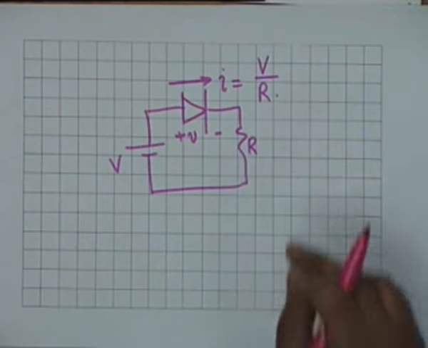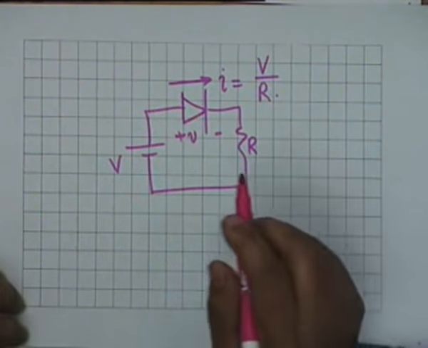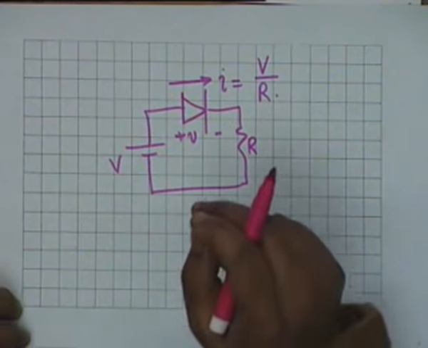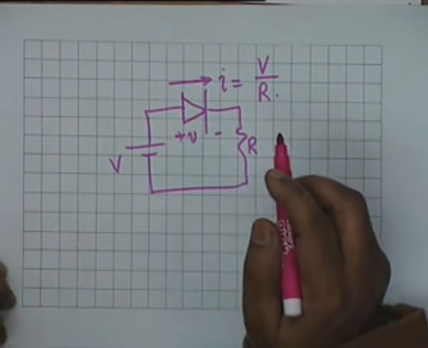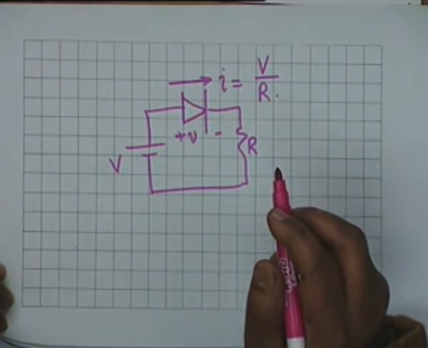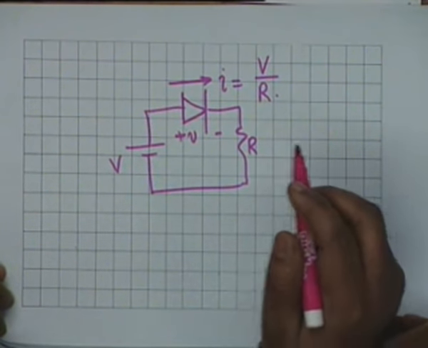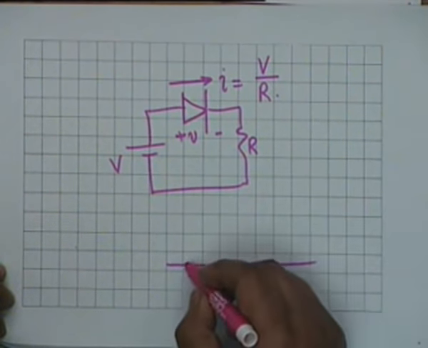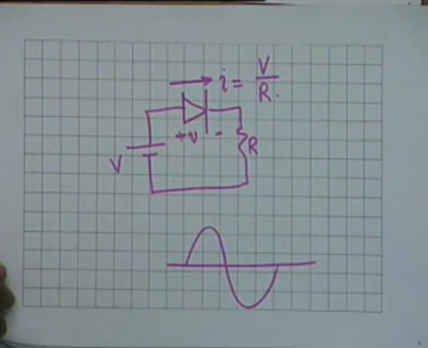Now, this preferential flow of current in a diode is utilized to convert an AC to DC. Suppose you have an alternating voltage like this.